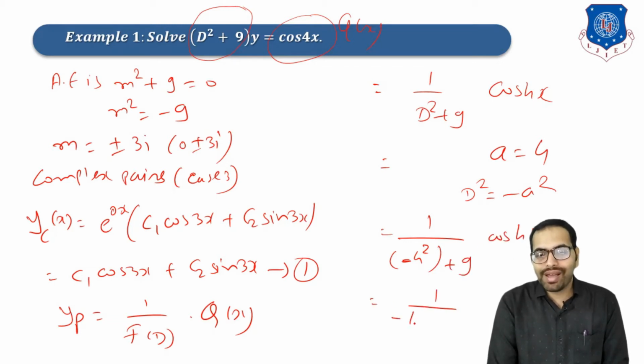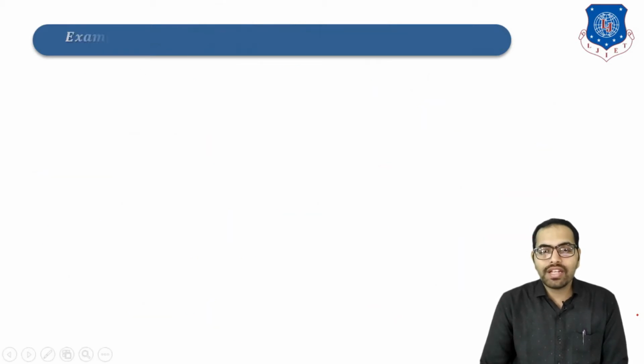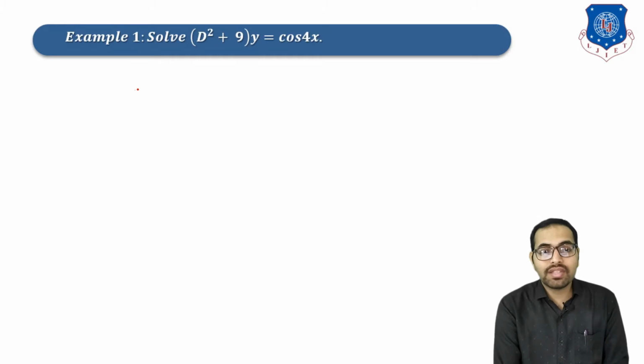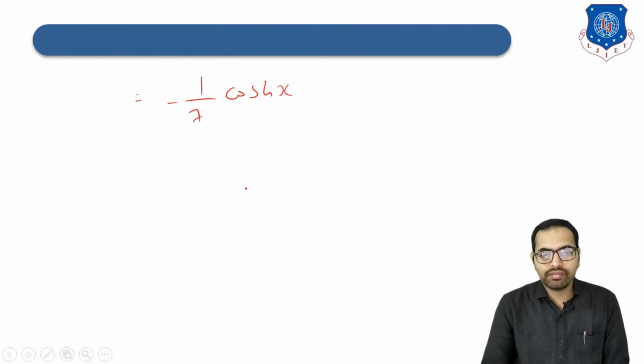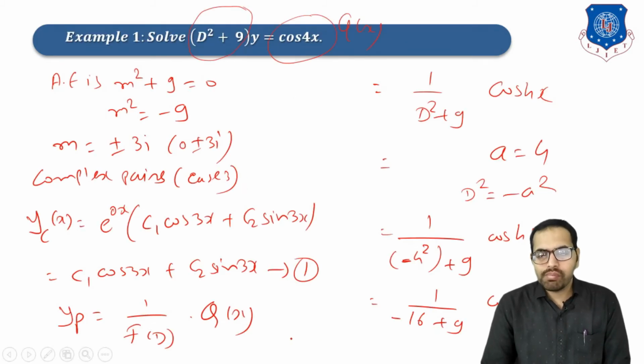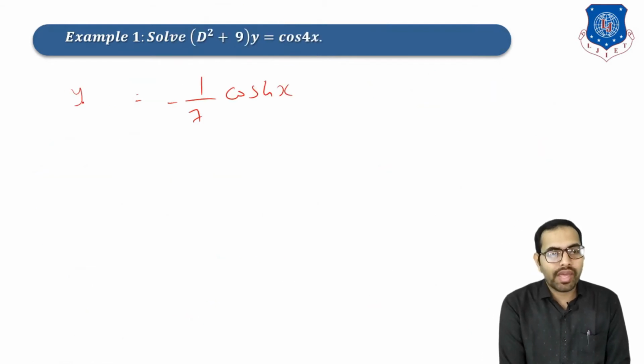Now that is minus 16 plus 9, that is minus 7, cos 4x, understood, minus 16 plus 9, that is minus 7 cos 4x, that is the yp of x.